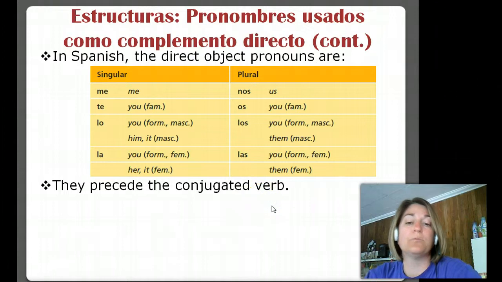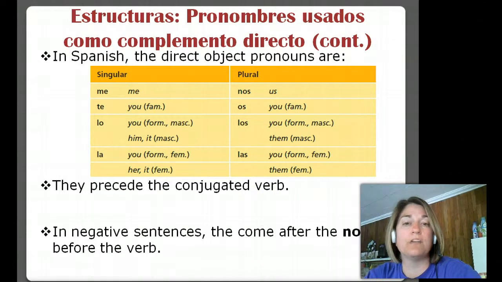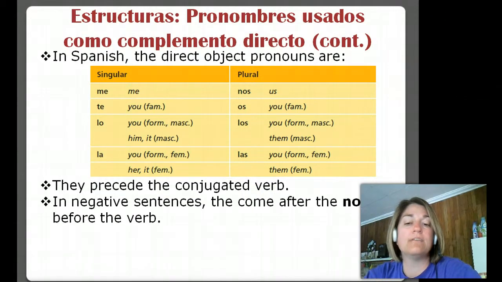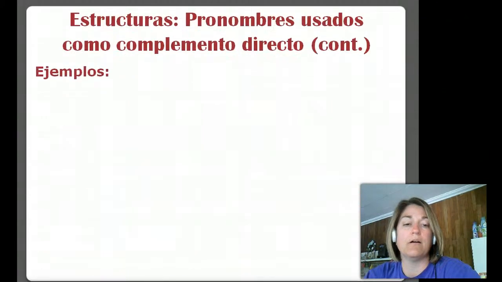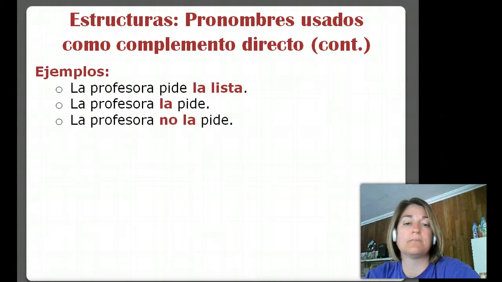So they're going to precede or come before the conjugated verb, and in negative sentences they come after the no and before the verb. When two verbs are together, a direct object pronoun can also be found attached to an infinitive or a participle. Let's look at some examples.